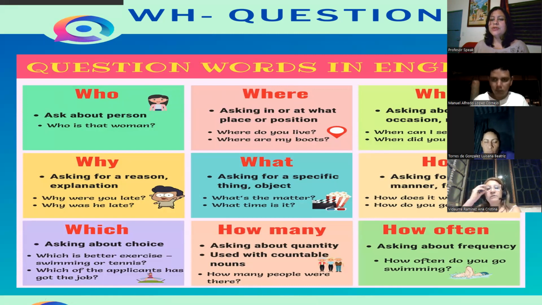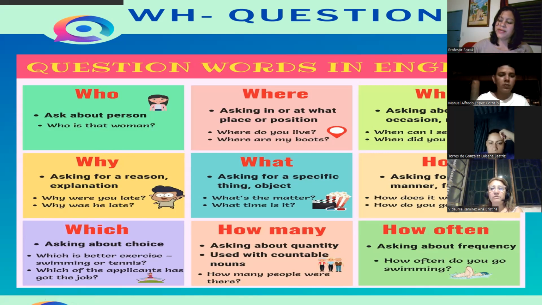When, we are going to use when we are asking about a time, about an occasion, or about a moment, okay? That's the purpose of using when. We are going to use why when you are asking for a reason or for an explanation. If you need the person to provide you with a reason or with an explanation, the correct option is going to be why.